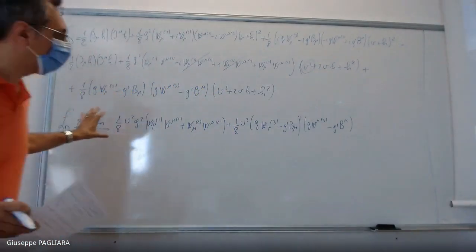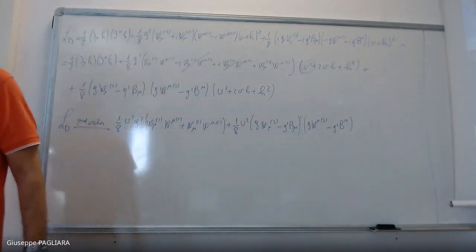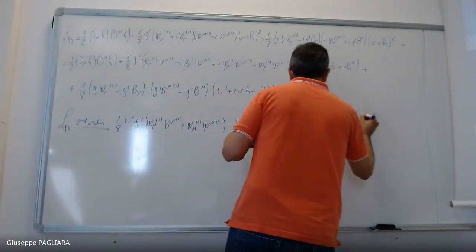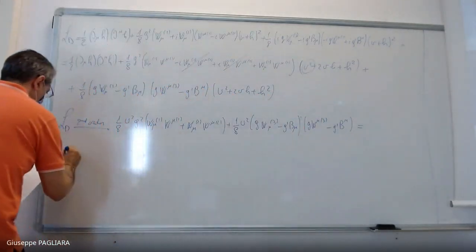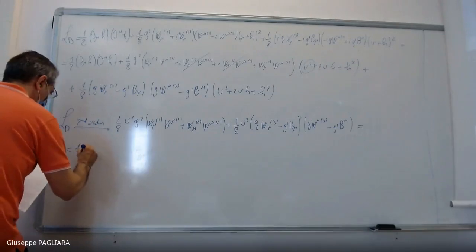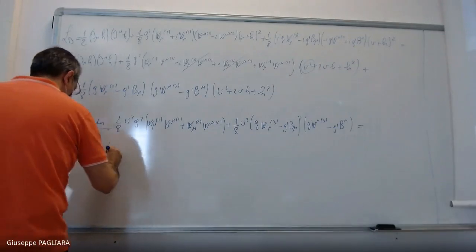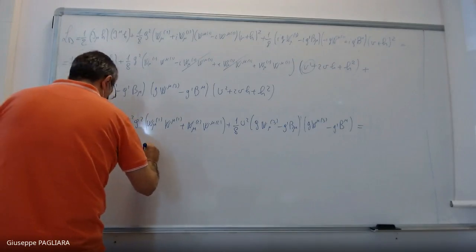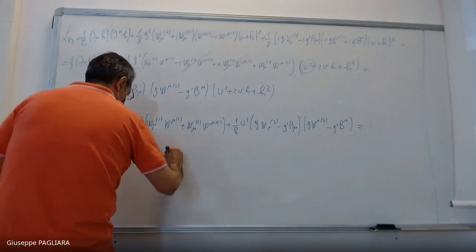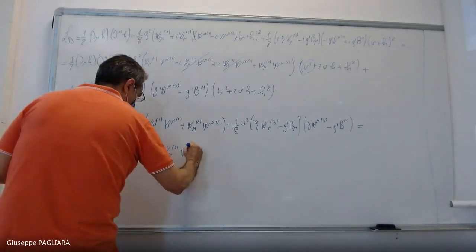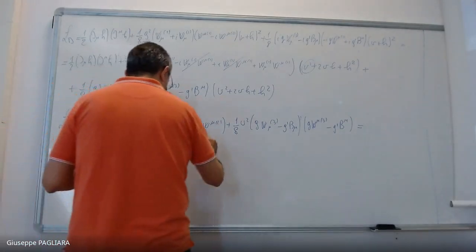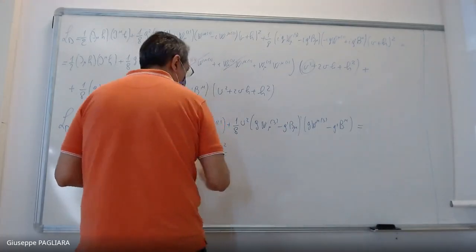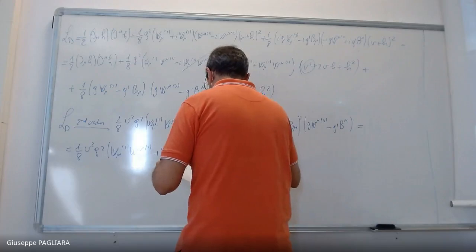Okay, so we single out only the quadratic terms in the fields. Now, let me write this one more passage. So this is 1/8 v squared g squared (W1 W1 plus W2 W2) plus v squared divided by 8. And here now we have to take the products, the cross product.